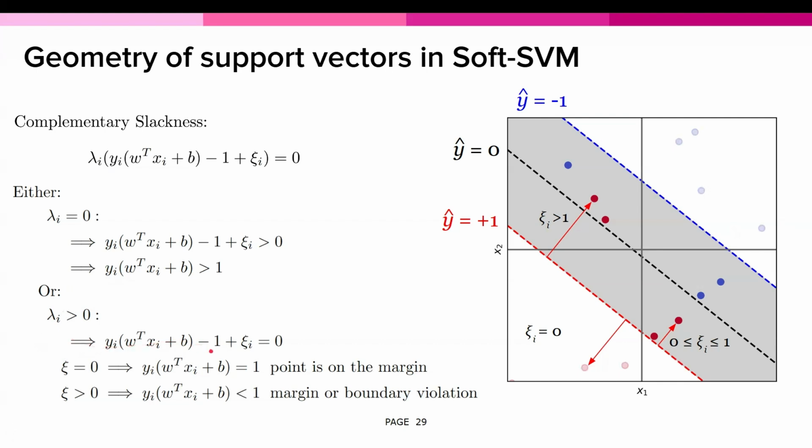When the slack variable is 0, the point is exactly on the margin. And where the slack variable is greater than 0, these are points that are misclassified. So the decision boundary is determined by points that are exactly on the margin or within the margin.